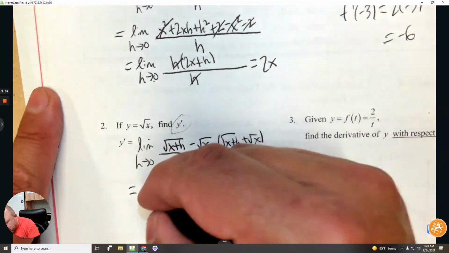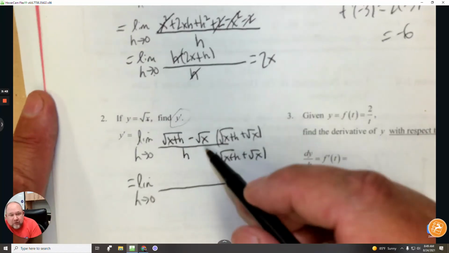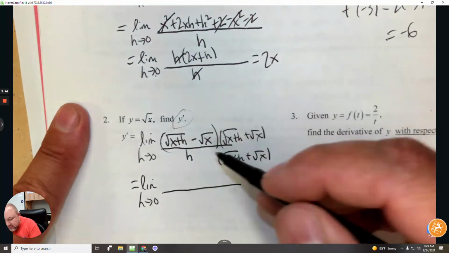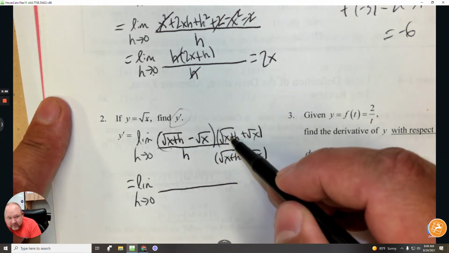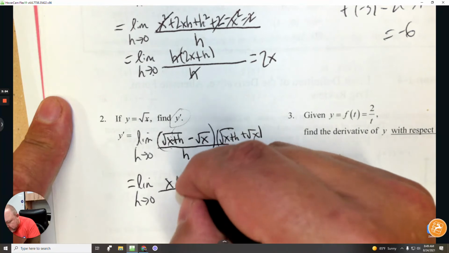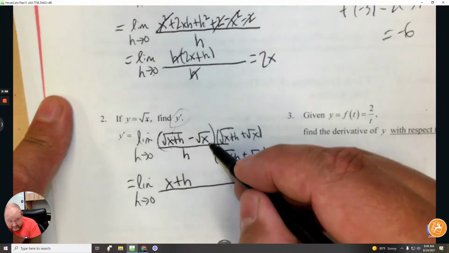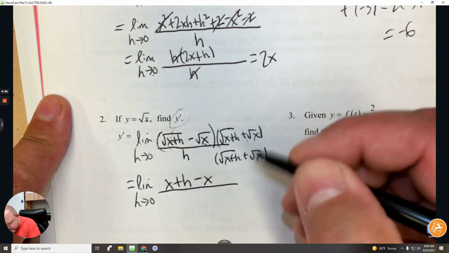Now, when I use the conjugate, the denominator, I'm just going to put them beside each other, but the numerator now is the difference of squares, which means I can go first times first. So root x plus h times root x plus h. The square roots are removed, and you're left with x plus h. And then the last two terms, root x times root x, that's just x.